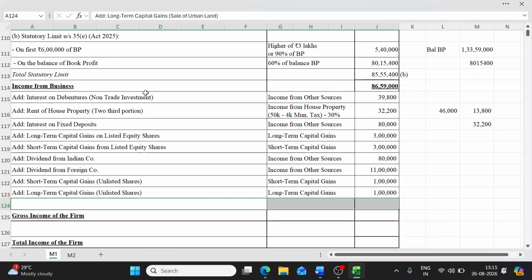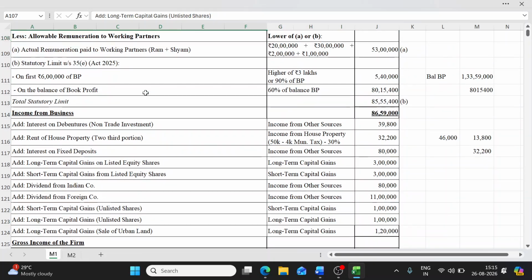We will show it as income in table 2, where we are computing the total taxable income of the firm. This is the taxable income of the firm, so it should be shown over here. So add long-term capital gain on sale of urban land under the head long-term capital gain, and the figure is 1,20,000.